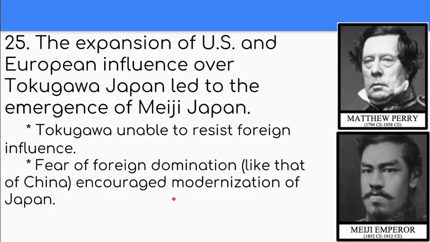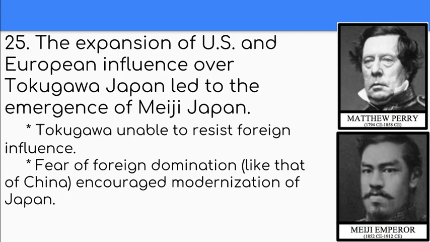The United States is going to help "open up" Japan to these global trade networks that are being set up during this time period. We see the emergence of the Meiji Restoration in Japan, which was a reaction to the arrival of the West, of the United States and Europe.